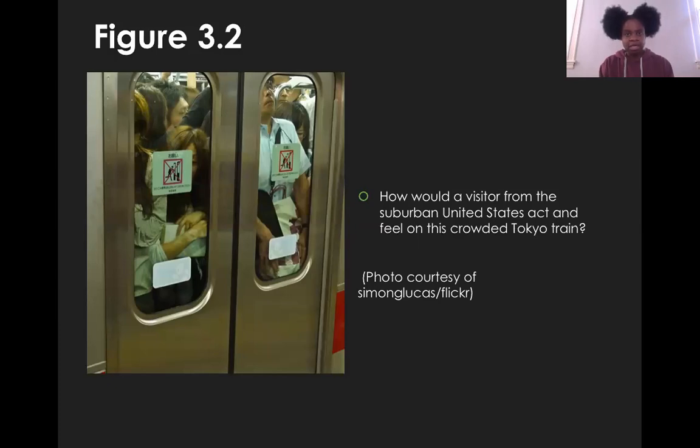Okay. If any of you have ever taken the MBTA system, specifically the train system in Massachusetts, and I'm going to just include all the train systems. So the blue line, the red line, the orange line, the commuter rail, okay? Most of the time, I'm not considering rush hour, even during rush hour, most of the time we require a certain amount of space.